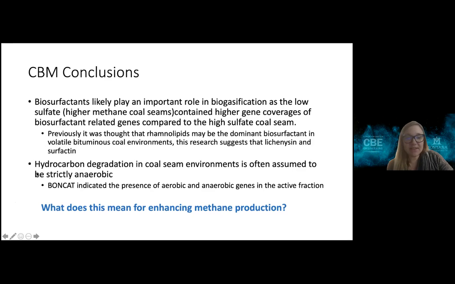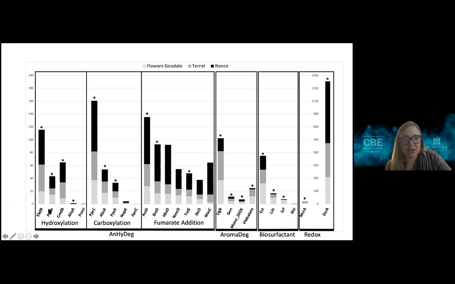Something else that popped out that I didn't mention here is that we talked about anaerobic, so this AnHydeg, and AromaDeg. What this is short for is genes that are thought to exclusively exist in anaerobes versus be present in aerobes. Methanogenesis has been thought of for a very long time to be a solely anaerobic process, very sensitive to even trace amounts of oxygen.